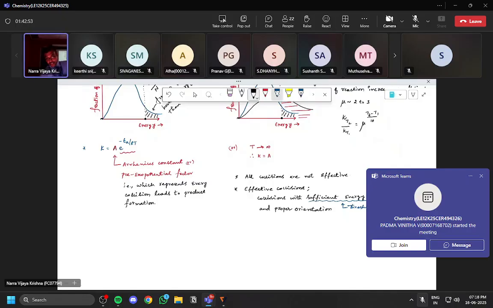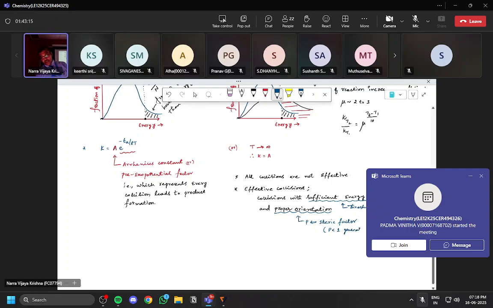This proper orientation is indicated by a factor called P. We also call it the steric factor. These two are responsible for product formation. Generally this P factor is less than 1.